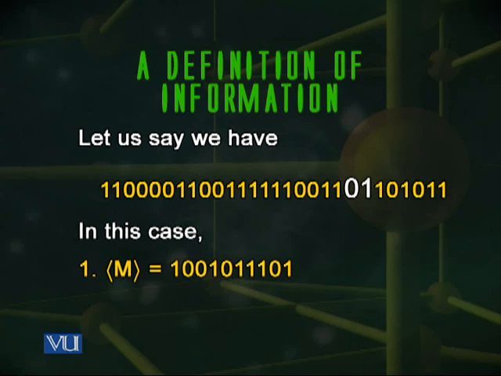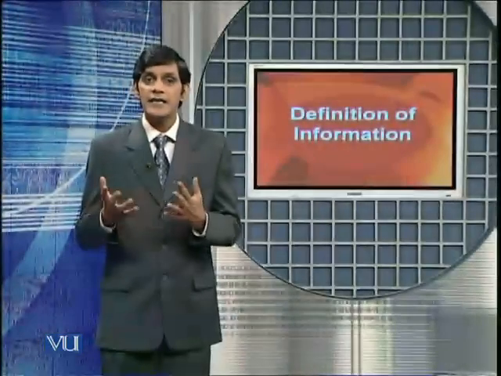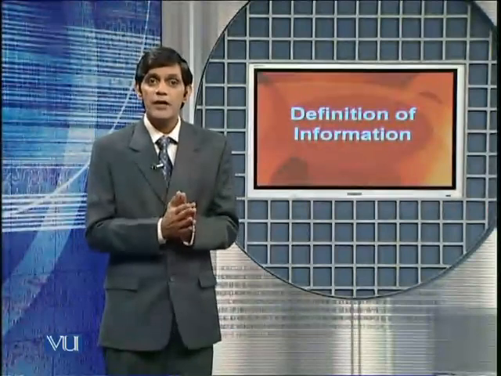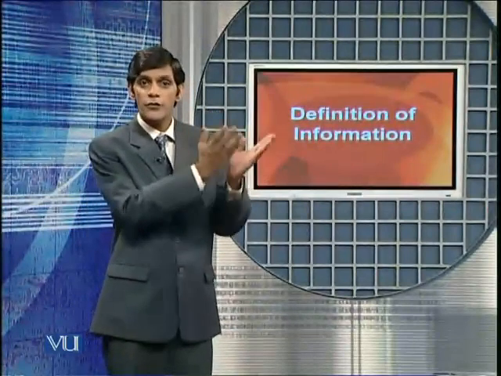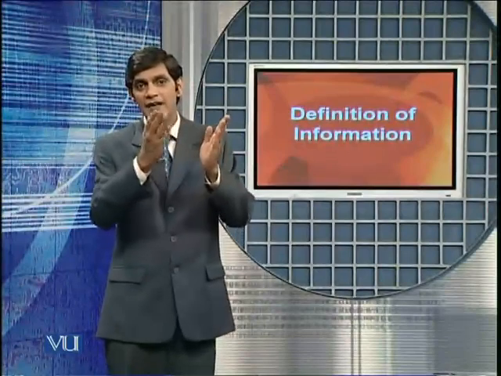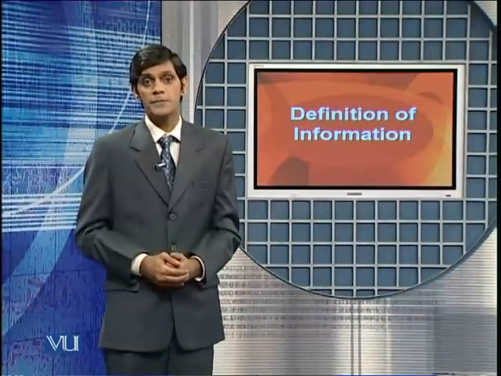Therefore, in this case, we can tell that the description of the machine M is 100101101, and that is obtained by taking the first part of the string and undoubling it. The string following that is whatever comes after 01, which is 101011. So this way, in these descriptions, we can unambiguously get the algorithm out, which is the description of this Turing machine, and the string that follows the algorithm. This is the convention we will follow.